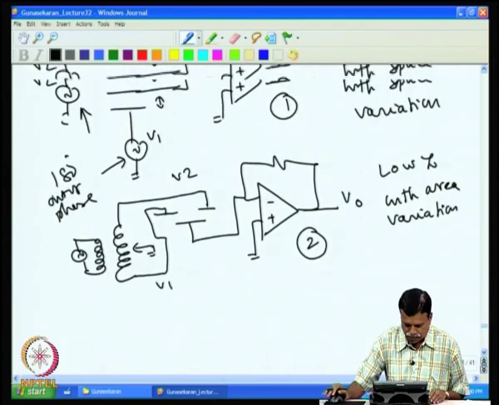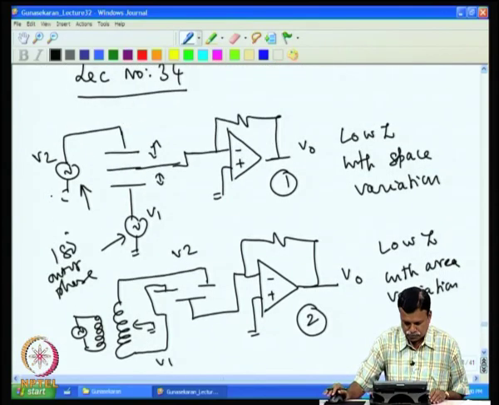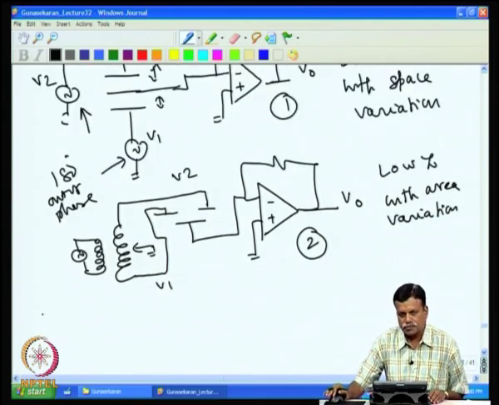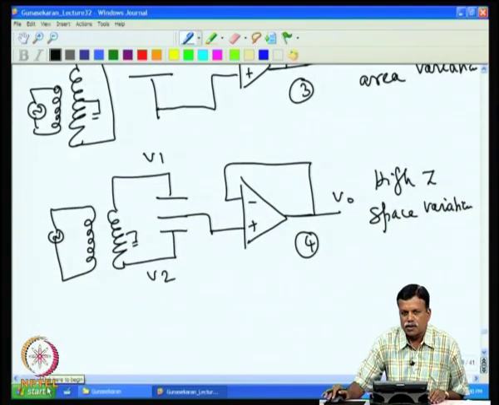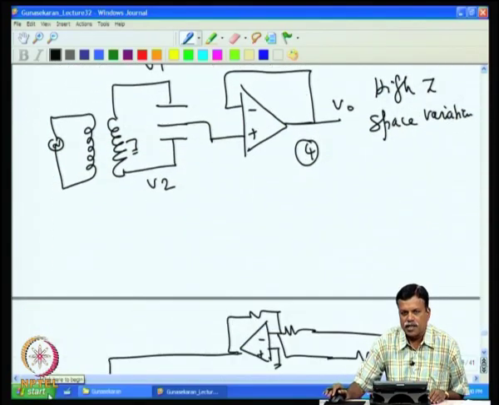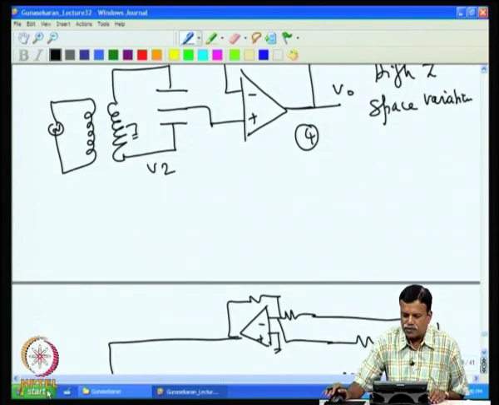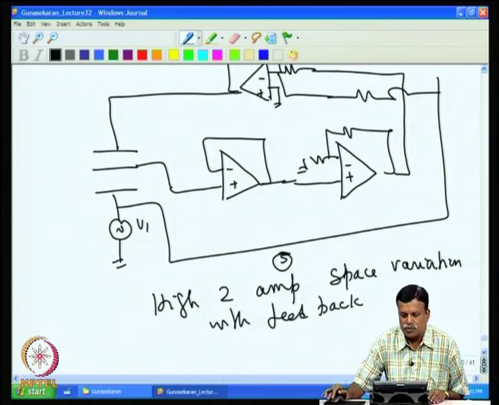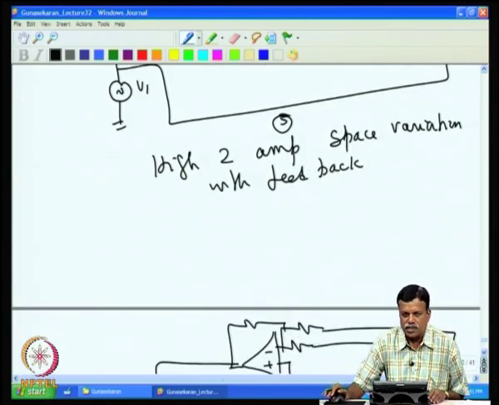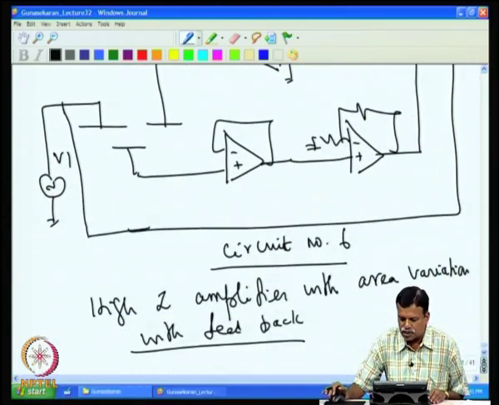We have picked up basically 2 different applications, area variation and space variation, and 2 different amplifiers, a non-inverting amplifier and an inverting amplifier. The non-inverting amplifier gives you high impedance input, so we call it a high Z amplifier, and the inverting amplifier gives you low impedance, so we call it a low impedance, low Z amplifier.